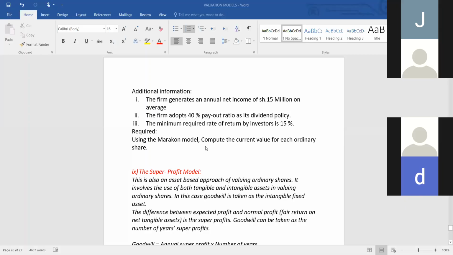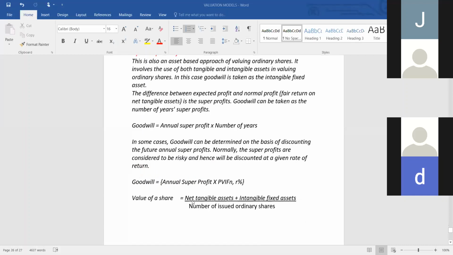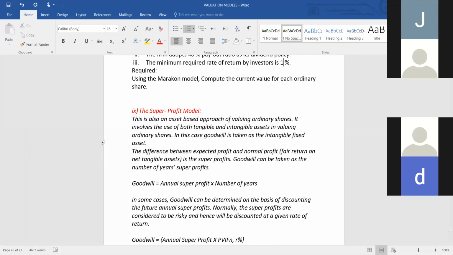If the cost of equity is less than the growth rate, or cost of equity is equal to the growth rate, the model collapses. So work with 15. What is the answer? 80. Yes, that is correct.